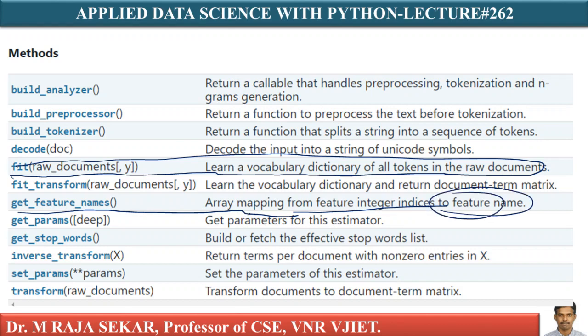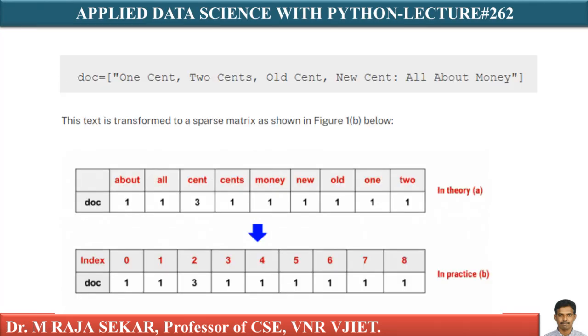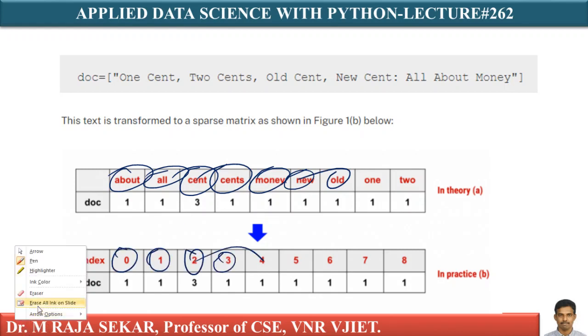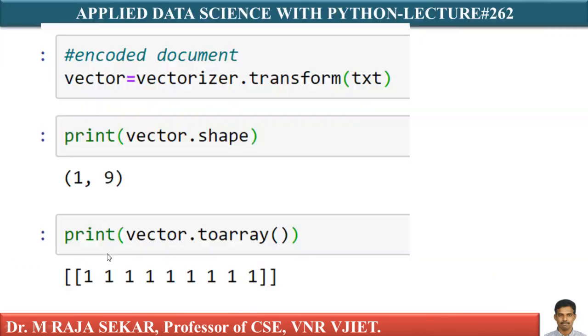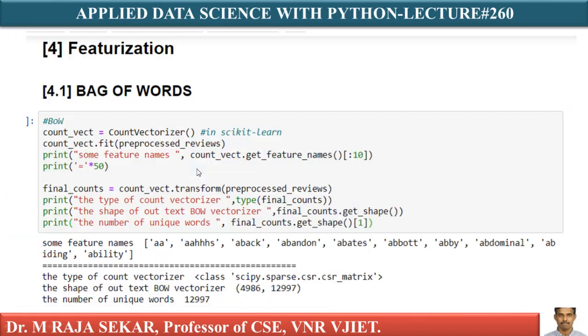Just see, these are feature names. About is a feature name. All is a feature name. Cent is a feature name. These are corresponding indices, isn't it? I request you to go through all these methods so that you will get an idea of fit, what is build analyzer, so that you can understand the concept in a clearer manner.